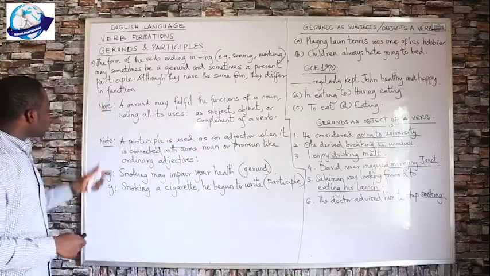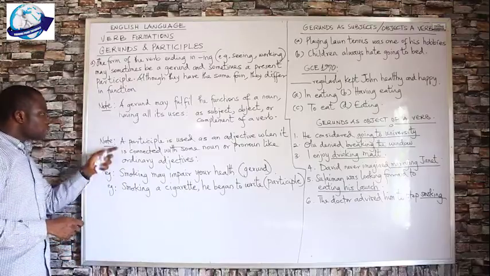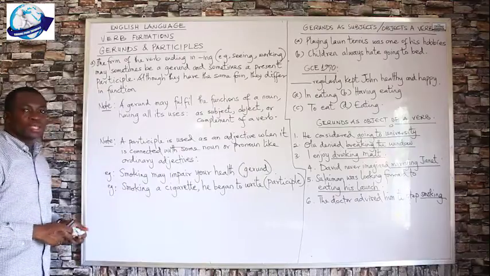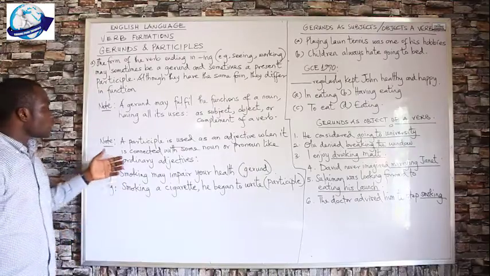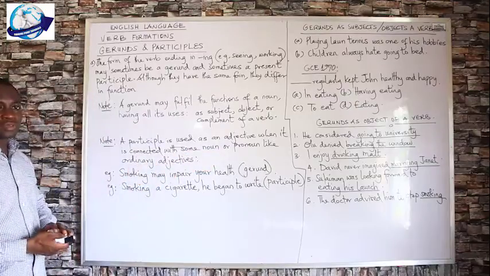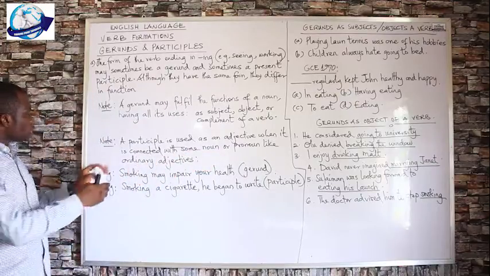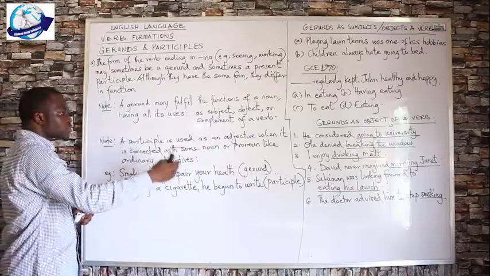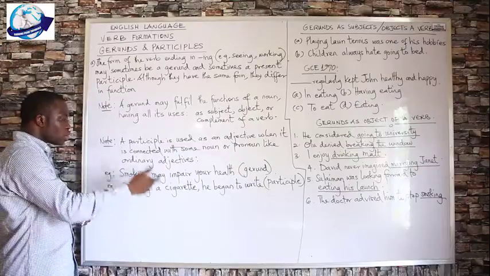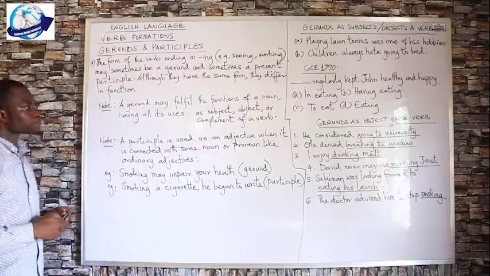Then notice, a participle is used as an adjective when it is connected with some noun or pronoun like ordinary adjectives. Let me read that again. A participle is used as an adjective when it is connected with some noun or pronoun like ordinary adjectives.